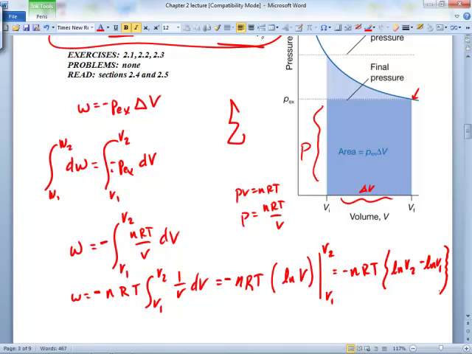What do you do when you subtract logs, natural logs or regular logs? You divide. Minus means divide. So this is the same as natural log of V2 over V1. We got it. If you do things infinitesimally slowly, you have to integrate.